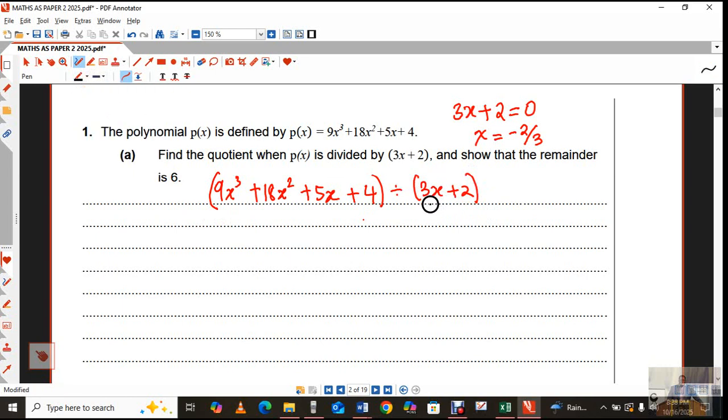So what I will do is I'll divide throughout by 3. Every term I'll divide by 3, and that will help me to find the coefficients that I need.